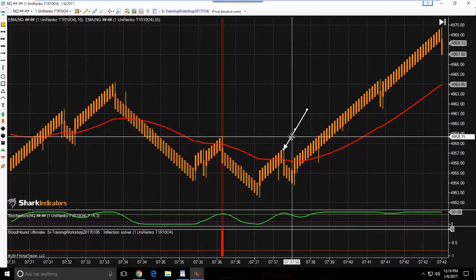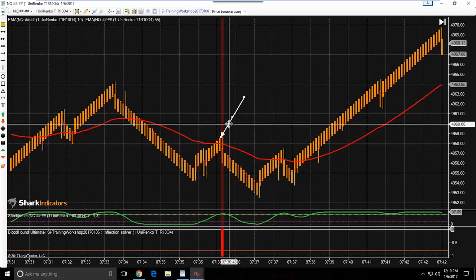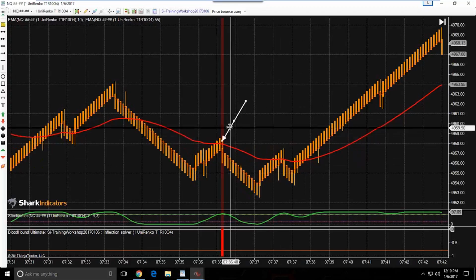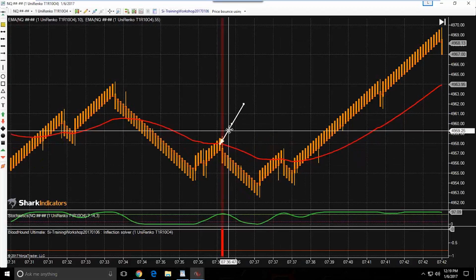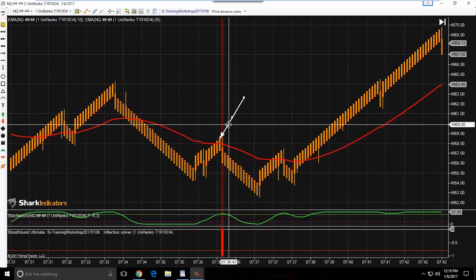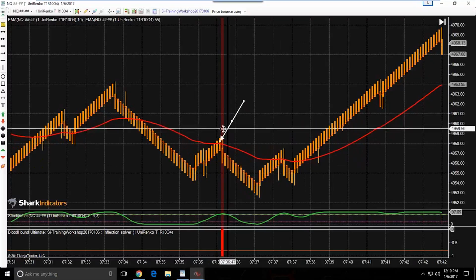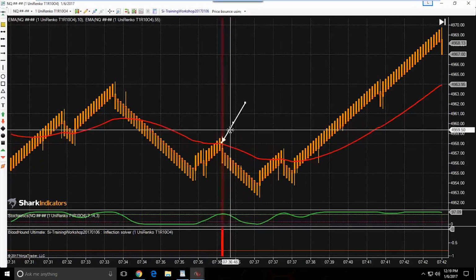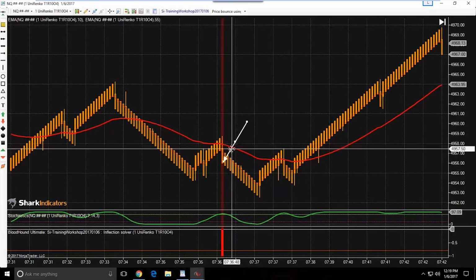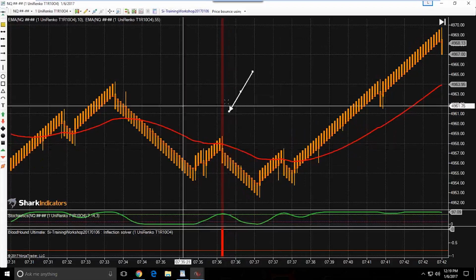Price just crossed over a little too far. So remember, our requirement is that price has to be within 2.5 ticks. So right there, price still stayed within 2.5 ticks of our support resistance, and then we got the bounce signal afterwards. Yeah, so that one looks pretty good.